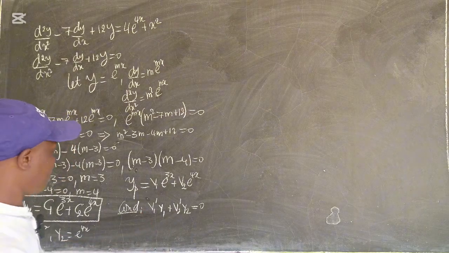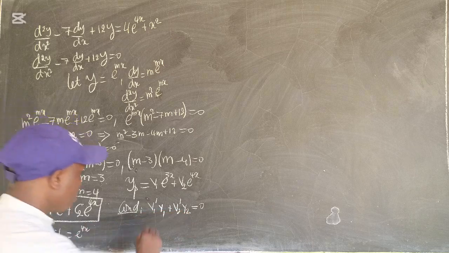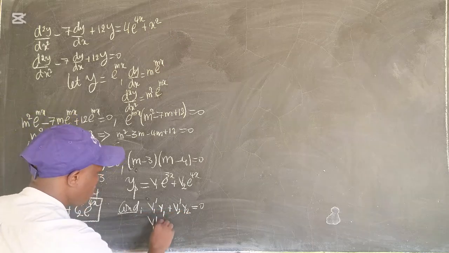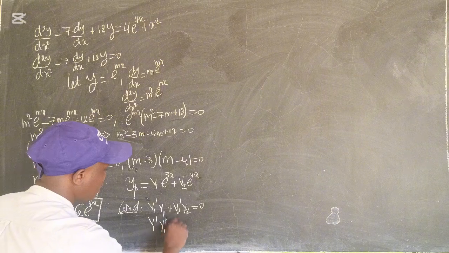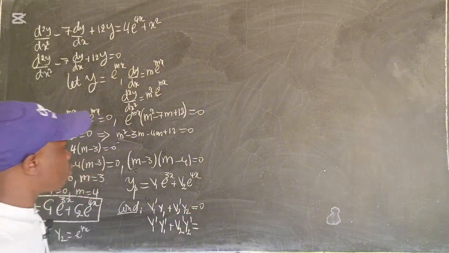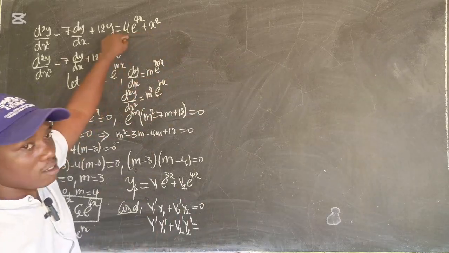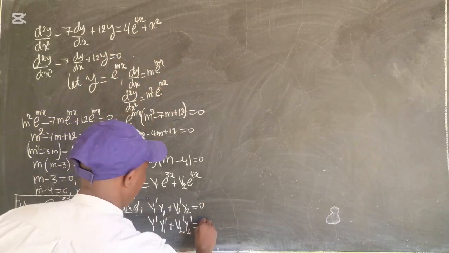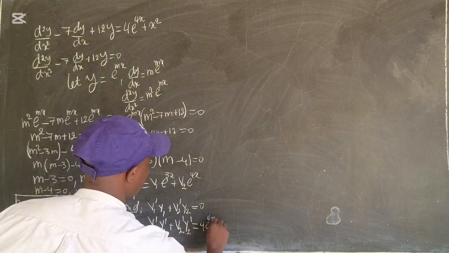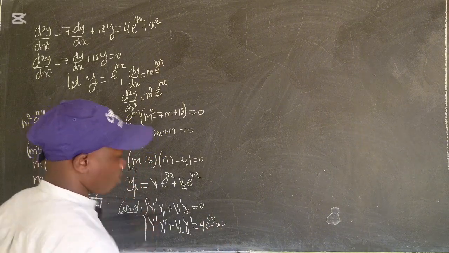Then we differentiate the y's: v1 prime y1 prime plus v2 prime y2 prime is equal to the right hand side, which is 4 times exponential of 4x plus x power 2. These are the conditions.